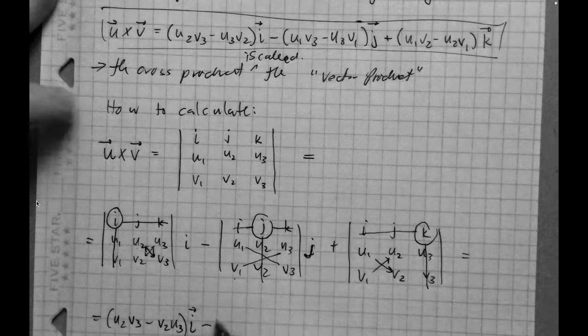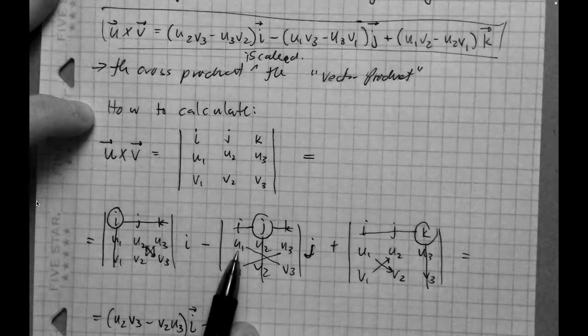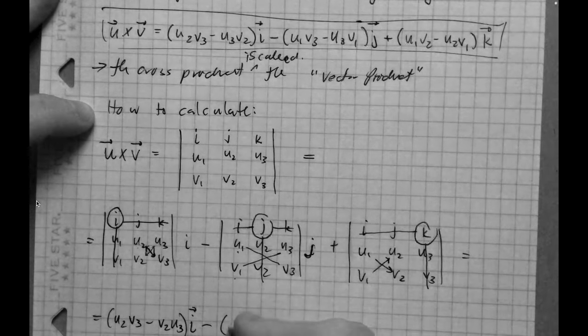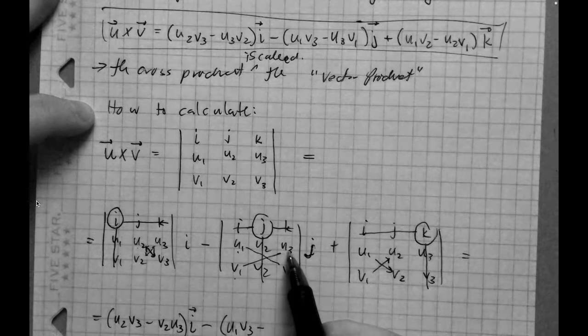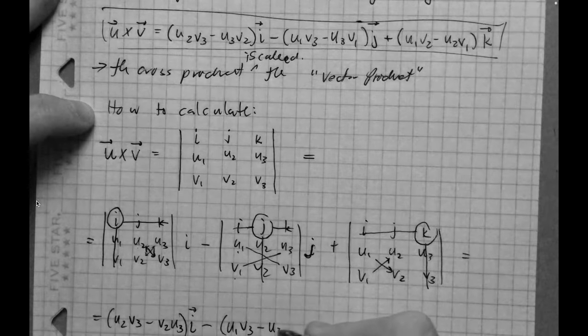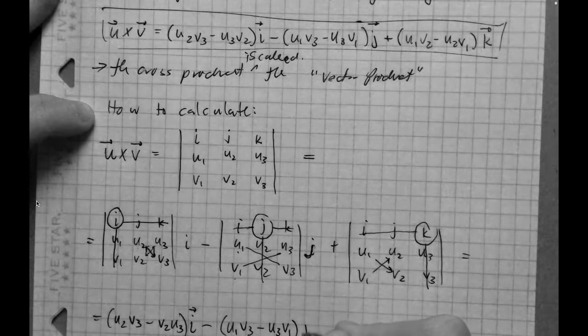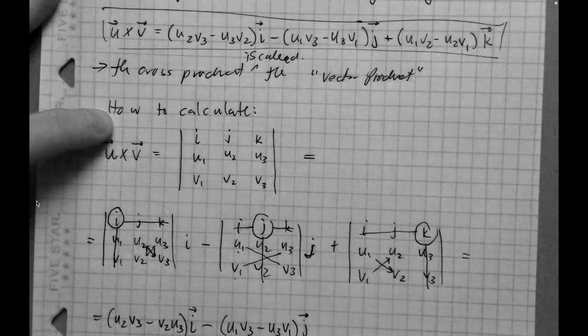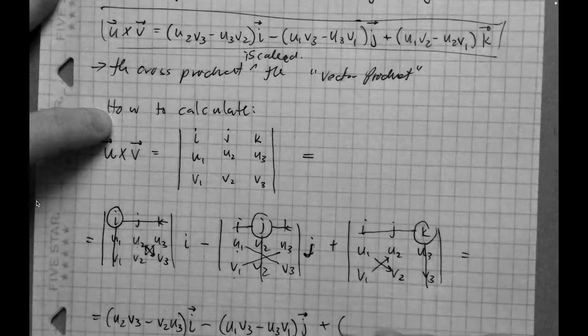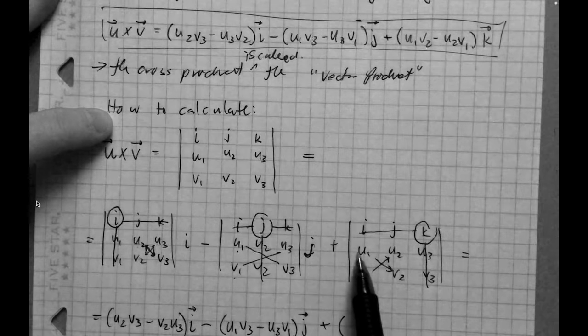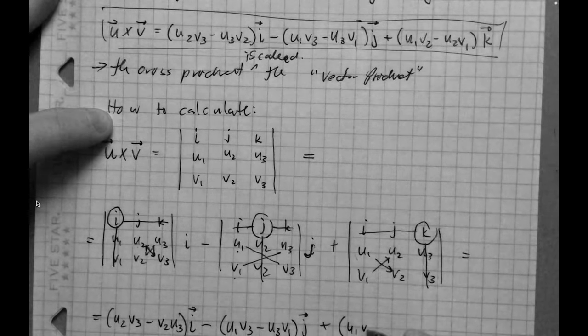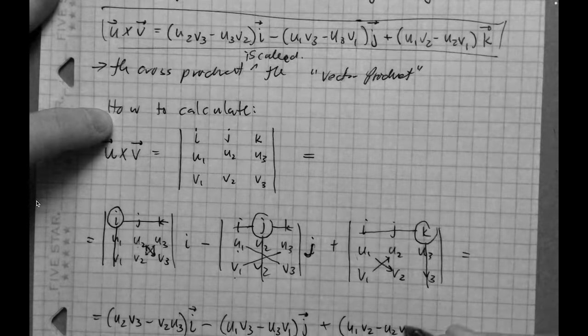Then you do the same thing over here: U1 times V3 minus U3 times V1. And the same thing over here. We've crossed out the third column, so it's just the first two: U1 times V2 minus U2 V1.